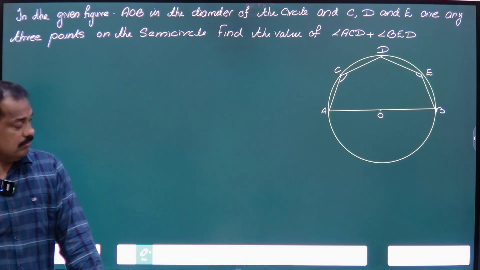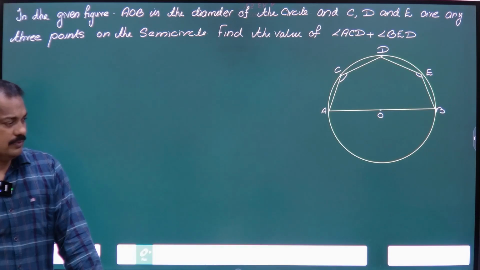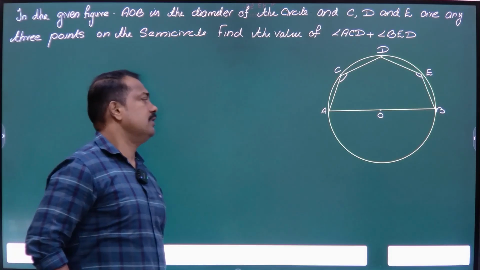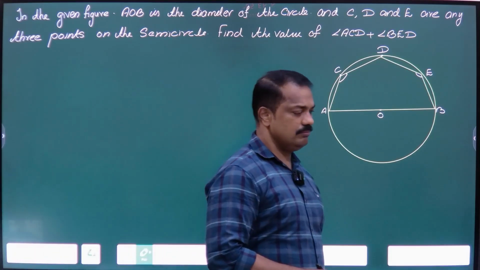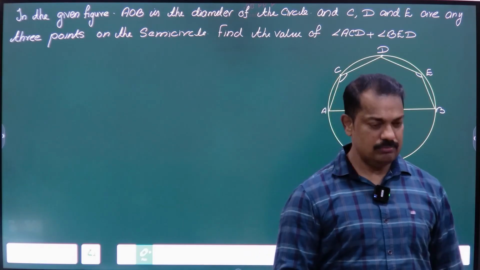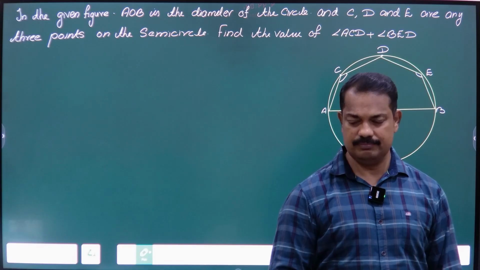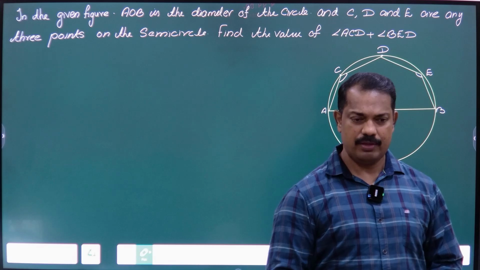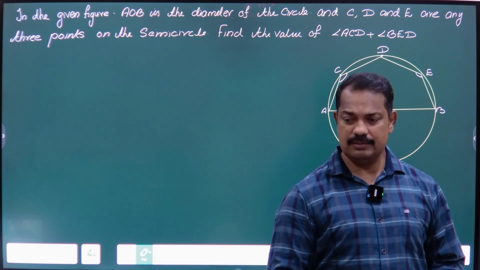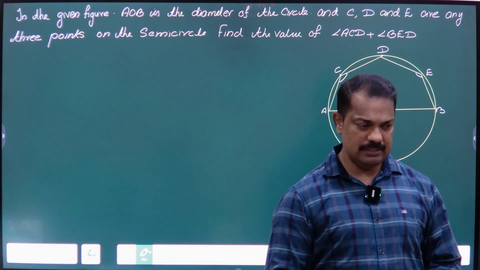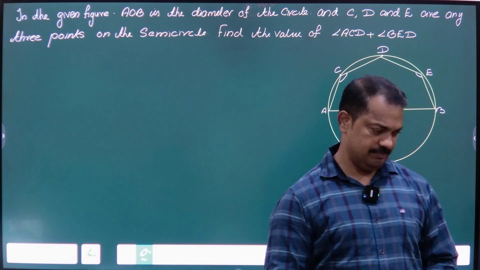Figure given. First, write down the given. Write down a circle with center O such that AB is the diameter of the circle.